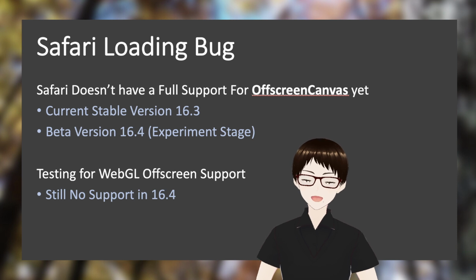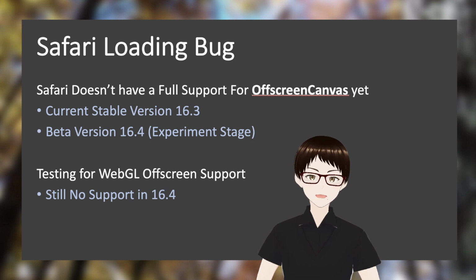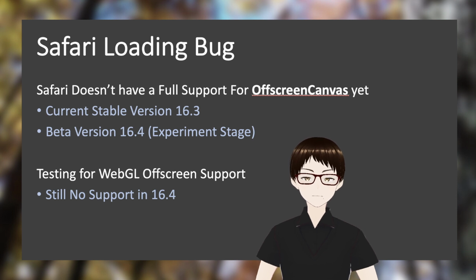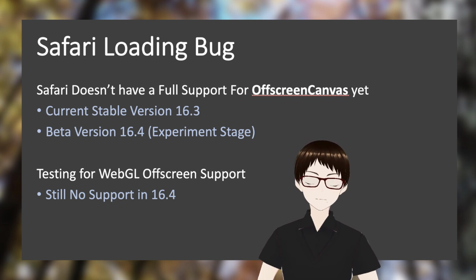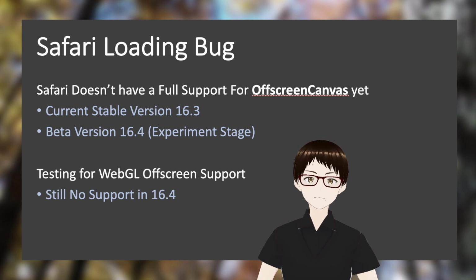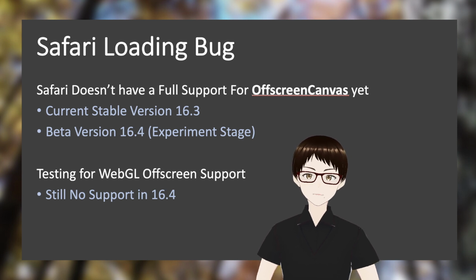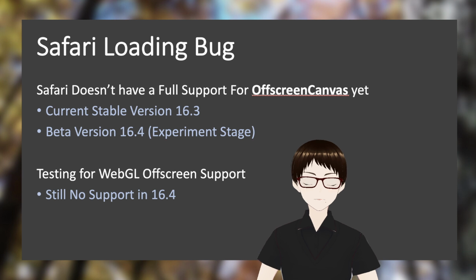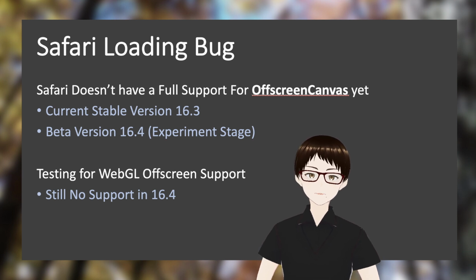The next one is the Safari loading bug. So sadly, mostly everyone that is using Safari is using a Mac, right? And the Safari version is directly tied to your Mac OS version. So the current stable version for almost all the Mac OS is 16.3.